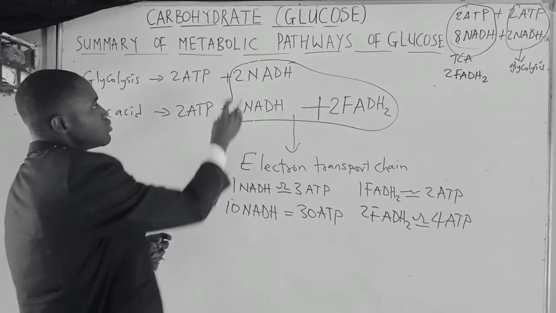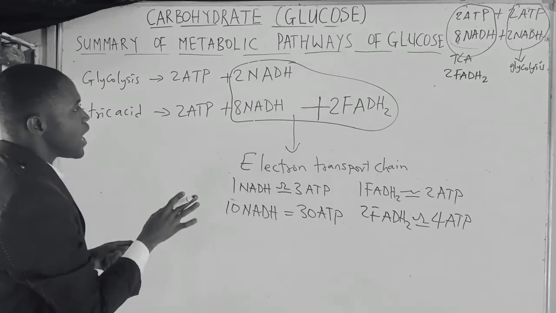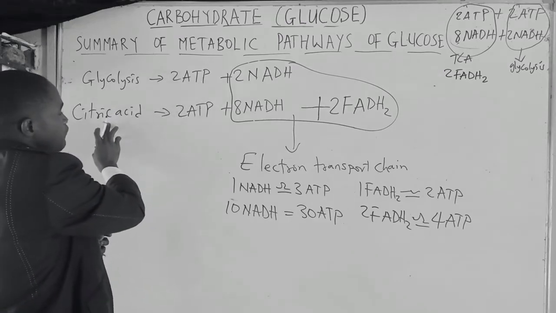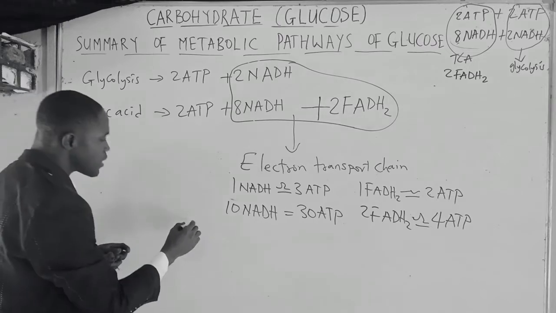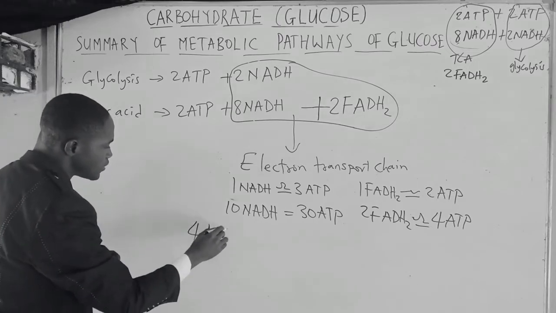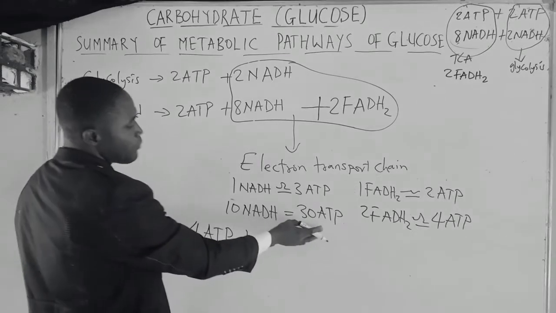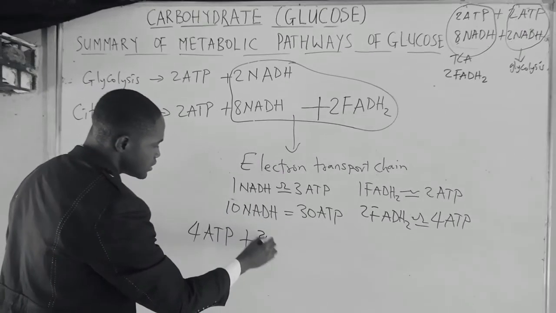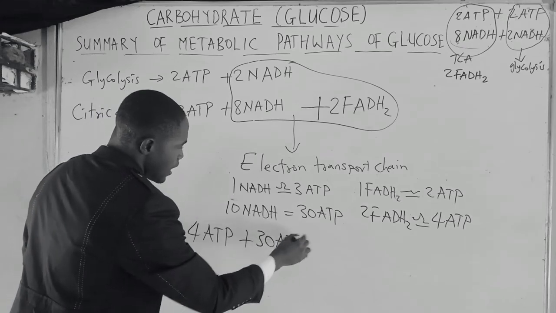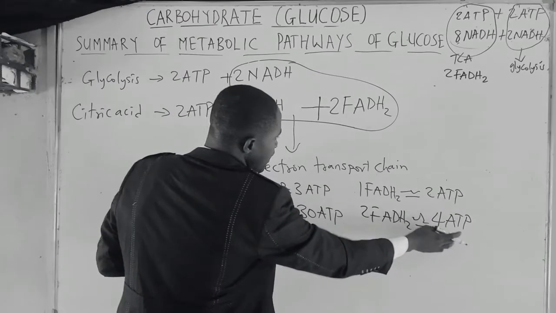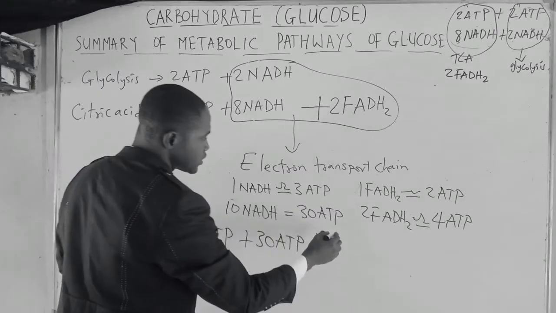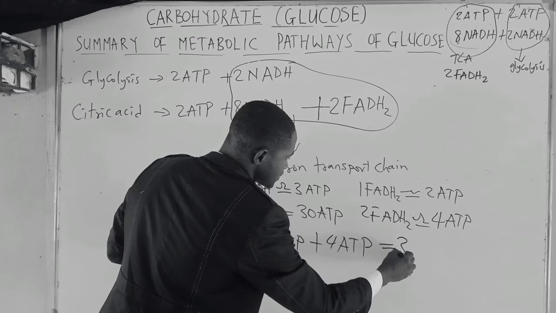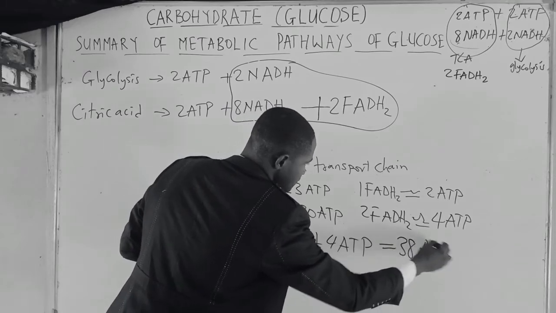So now, the total ATP we have is 2 ATP from glycolysis plus 2 ATP from the citric acid cycle, giving us 4 ATP, plus approximately 30 ATP from the electron transport chain, plus approximately 4 ATP from the electron transport chain. That gives a total of 38 ATPs.